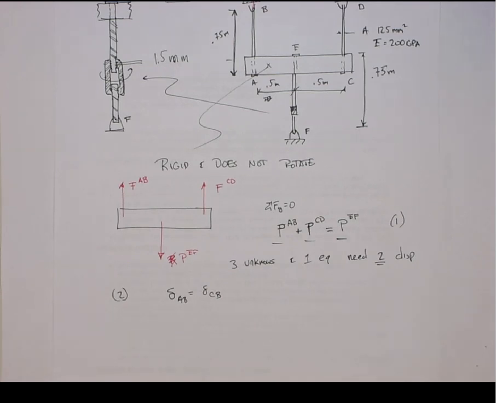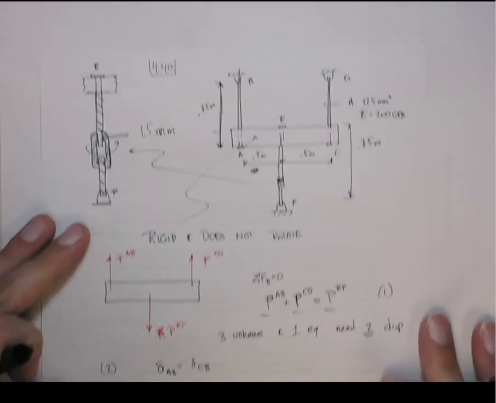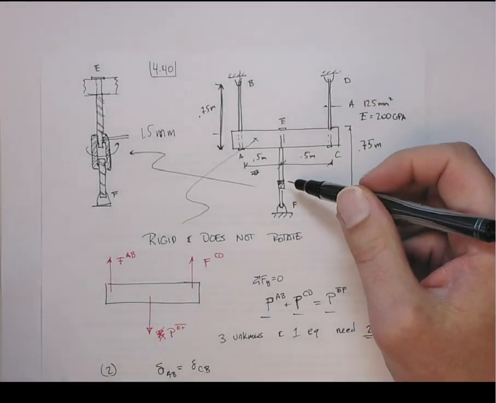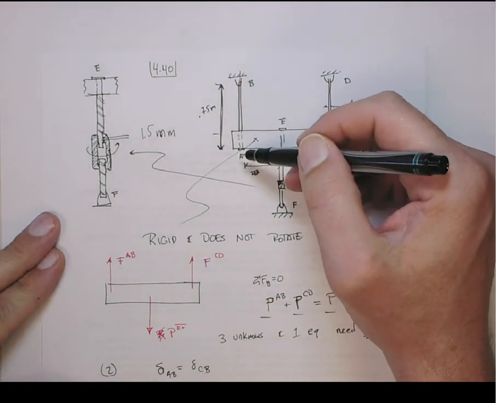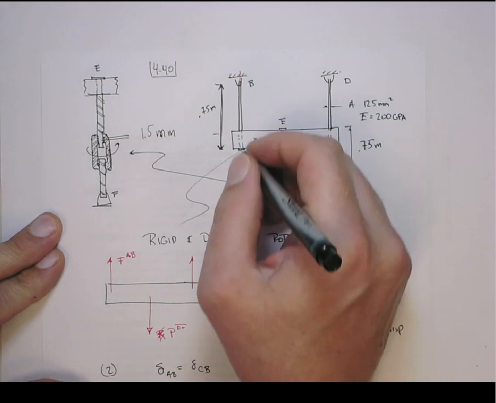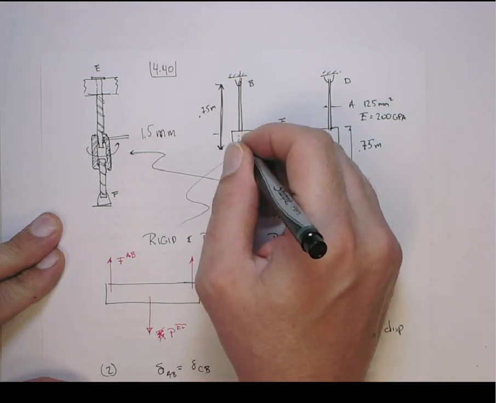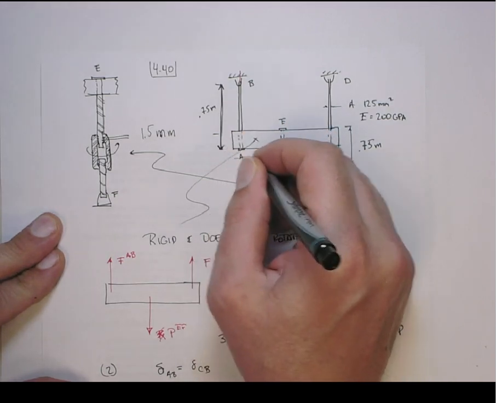So what's going to happen here? Let me try to draw this relatively neatly. If AB increases, if delta AB is positive, then this line will move down to here.